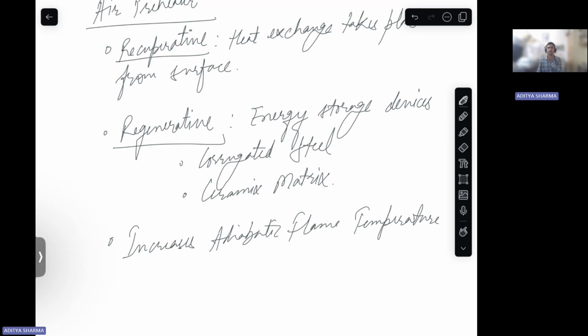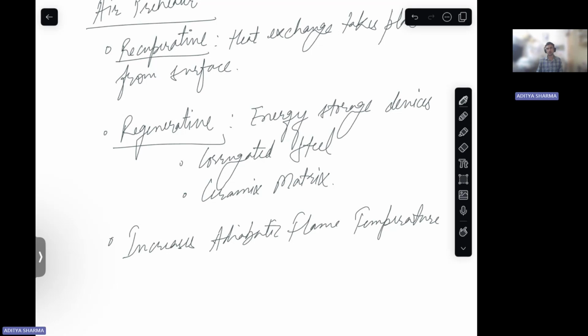Basically, this means that if we are combusting something in adiabatic conditions, the maximum temperature that the flame attains in combustion is the adiabatic flame temperature.